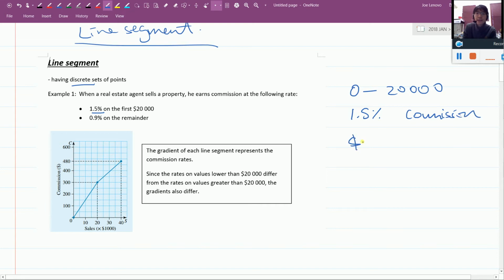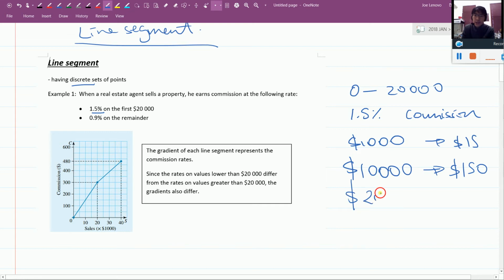If you sell $1,000, then you will have 15 bucks, right? $100 will be $1.50, $1,000 would be 15, and if you're looking at $10,000, the commission is 150, and all the way to $20,000, you will have about $300, right?